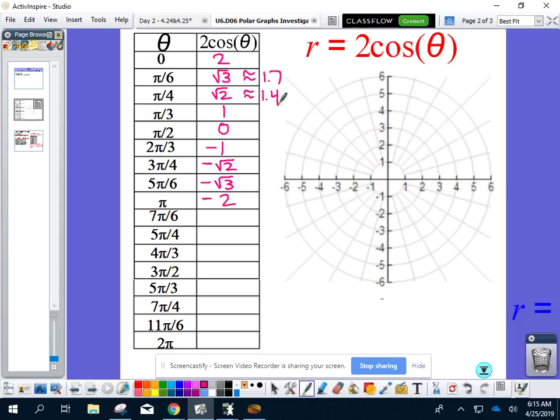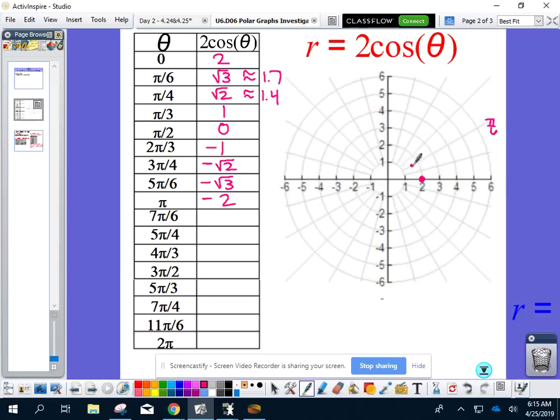On the polar graph, your first polar graph on your packet, you are going to have a theta value of 0 or 0 radians, and then count out 2 rings. So this is where the first little dot would go. Then we'll go up to pi over 6, which is that second tick mark on our page, and we'll go out 1.7.